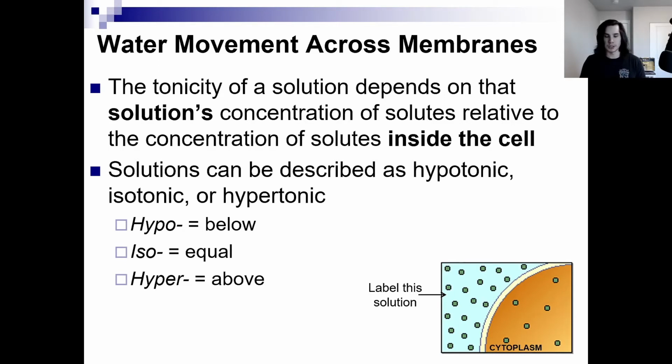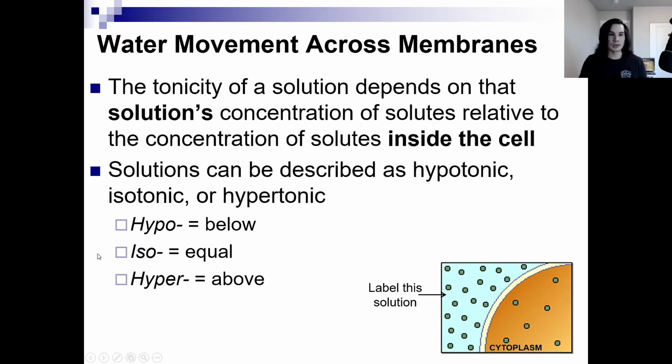So if we're just dealing with water, for example, your solute could be things like sodium or chloride or sugars, just stuff that's dissolved in the water. And so if you have a hypotonic solution relative to a cell, that means that the solution you're talking about has less solute in it than the cell does.